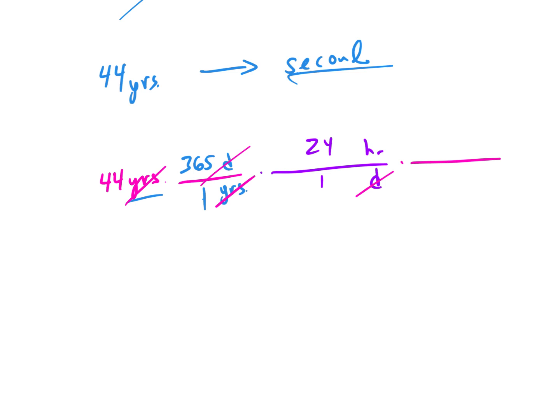No, so it goes. Is it always going to go on the bottom? Sometimes we have units on the bottom. And if we want to get rid of them, we put them on top. Do you get that, guys? You put them whatever side they need to be canceled. So in this example, they're always going to be on bottom. But you just watch. Okay? Hours to what? 60 minutes. 60 minutes is the same as 1 hour.